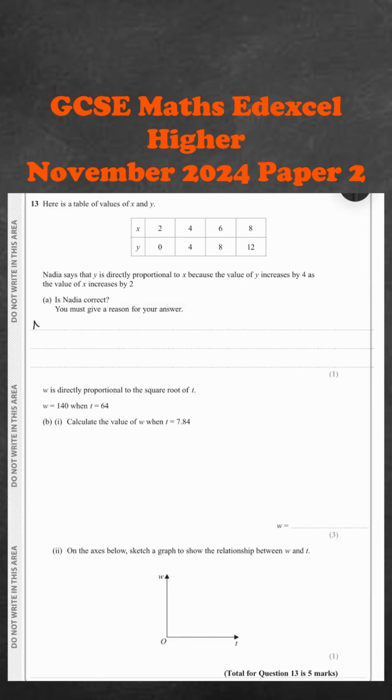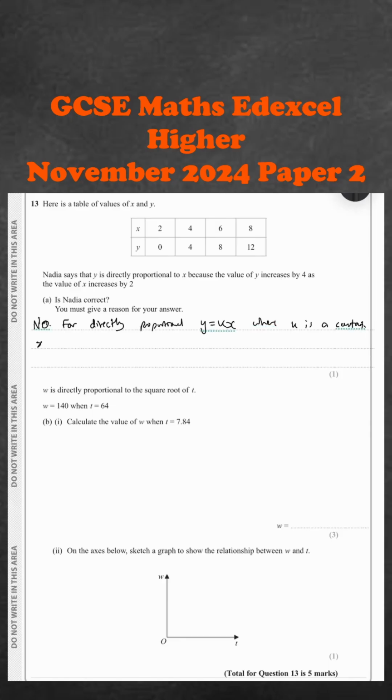So we can say no, Nadia is not correct. For directly proportional, it needs to have a format of y equals kx, where k is a constant. So it doesn't matter what the value of y and x are, this should always work if they're directly proportional.